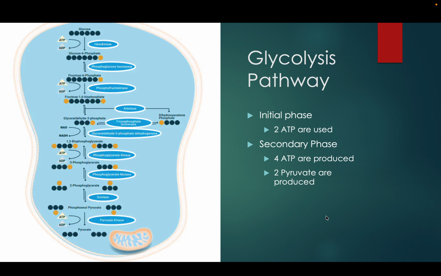Next, the 1,3-bisphosphoglycerate is converted into 3-phosphoglycerate by another enzyme called phosphoglycerate kinase. And during this process, one ATP is created. ADP is converted into ATP during this phase.